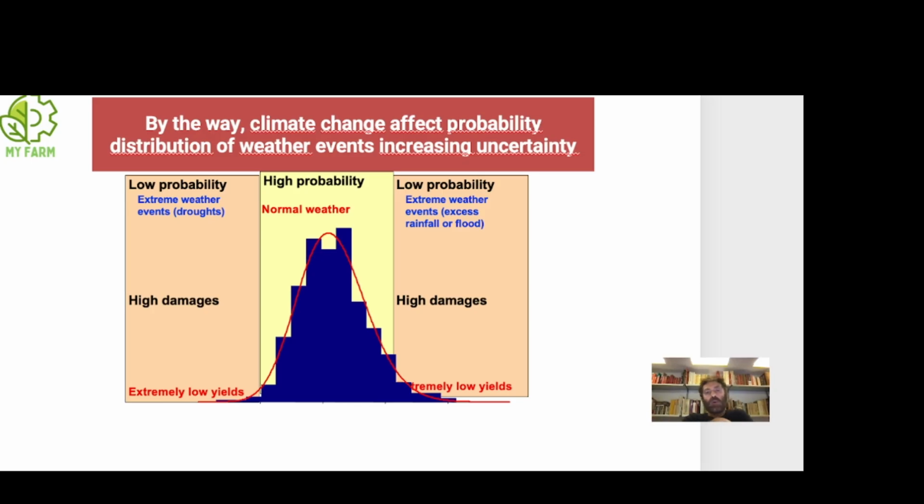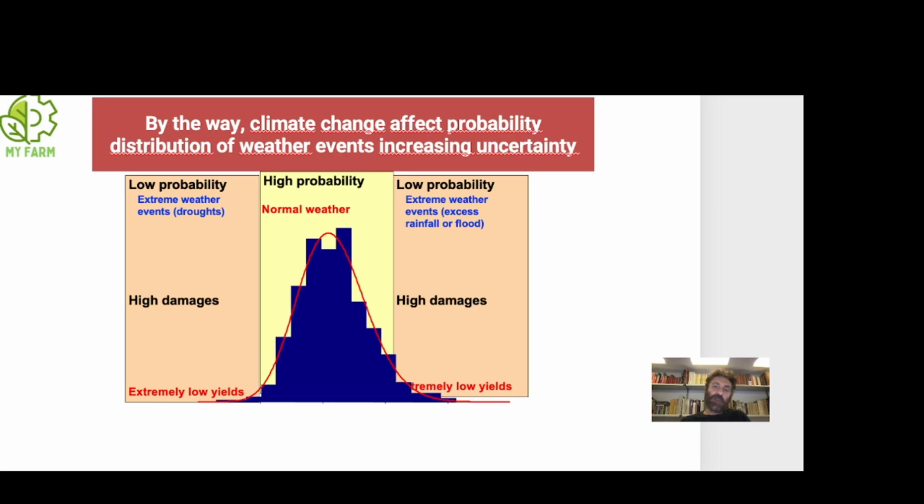So we know that climate change can be identified as a distribution of probability. If we consider the Gaussian normal distribution, we can consider that the higher probability of weather and climatic conditions will be concentrated around the mean of the distribution, and we can consider this the normal weather, observing the past weather and meteorological trends that we witnessed more frequently in the past.